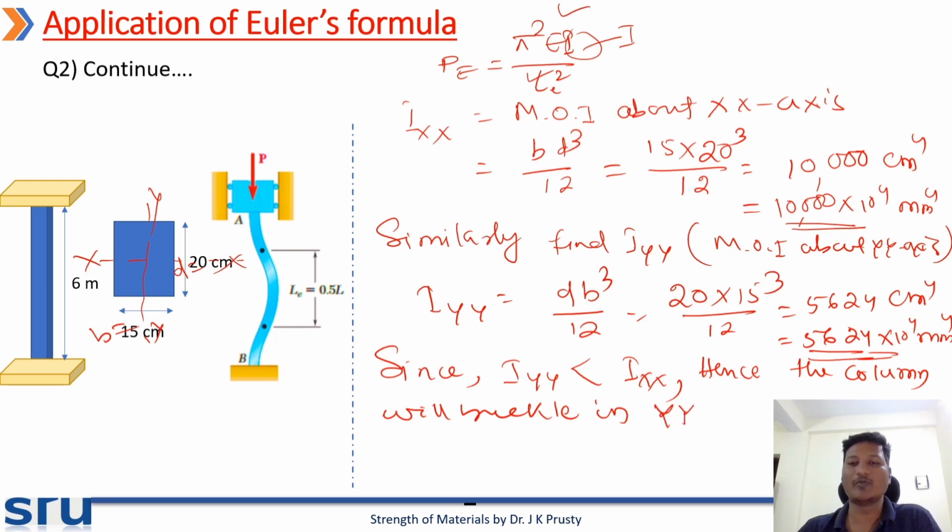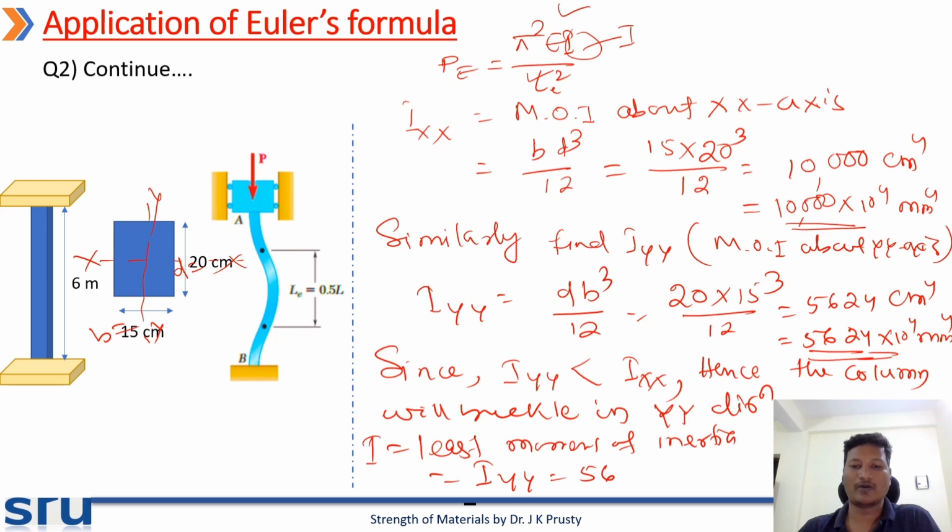In the least moment of inertia direction, in YY direction. So I, the least moment of inertia, is Iyy, equal to 5624 into 10 to the 4 mm4.